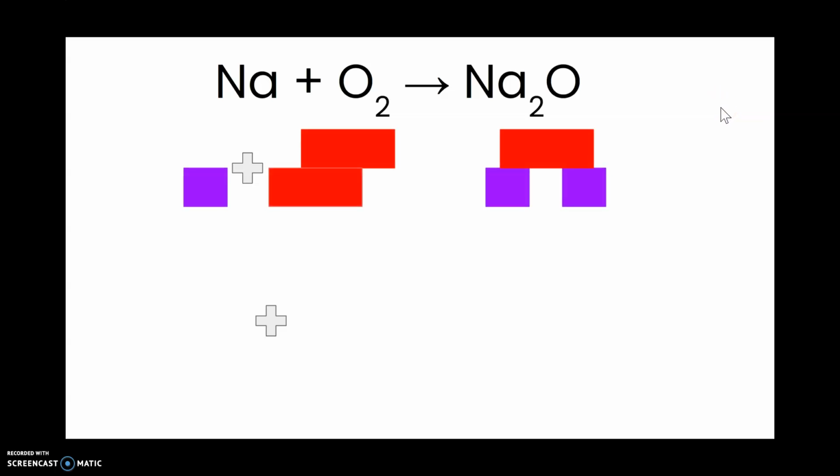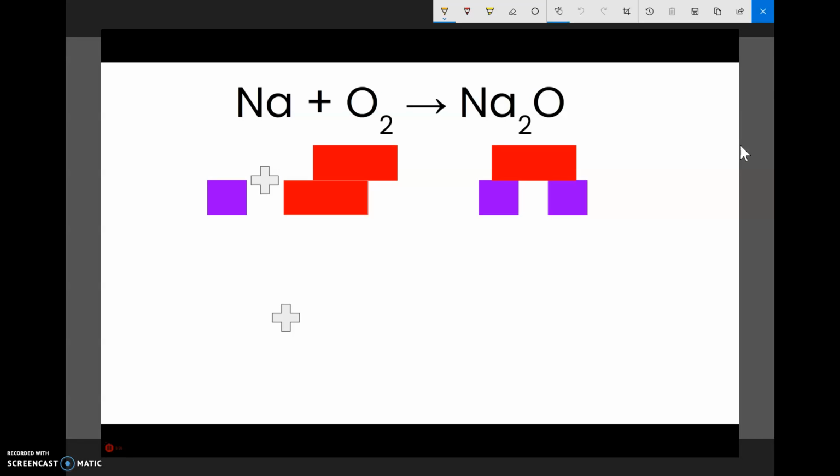Okay, so this next one, notice how we have one purple on the reactant side, and on this side we have two purples. So the only way we can get another purple is to add one on the reactant side, but notice how nothing's attached. So we have to keep this separate. Okay, but we're going to add this purple box right here, which is representing a sodium atom.